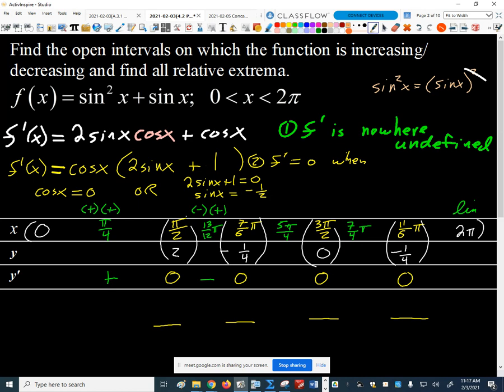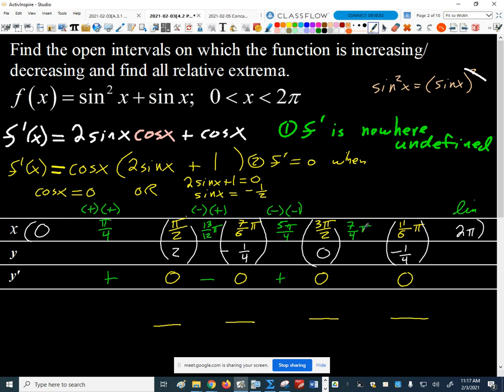Plus 1 is going to give me a negative factor. If I plug in negative the square root of 2 over 2 right there, I'm going to get a negative value. So negative times negative is positive.